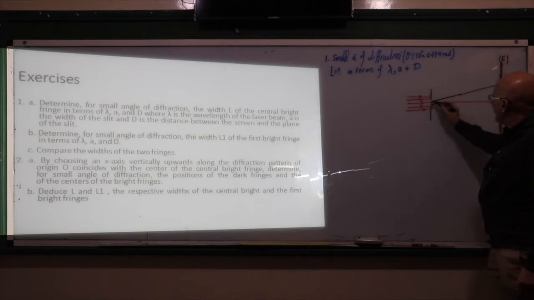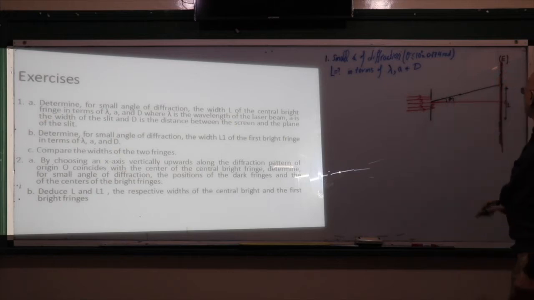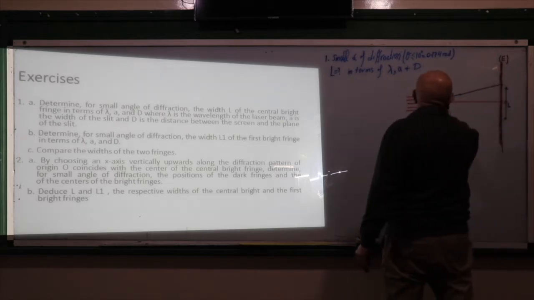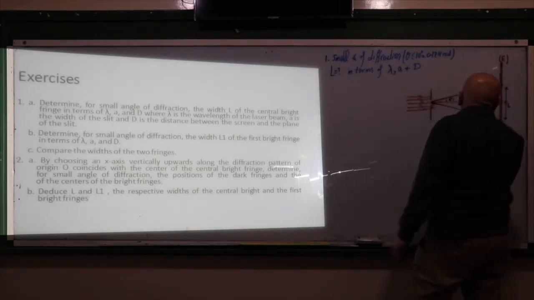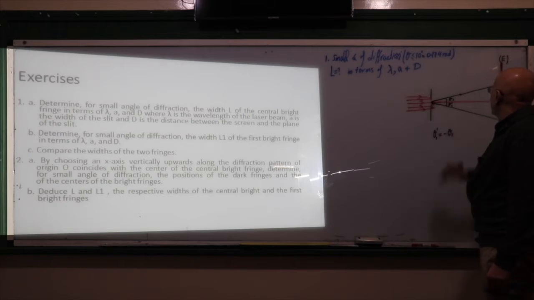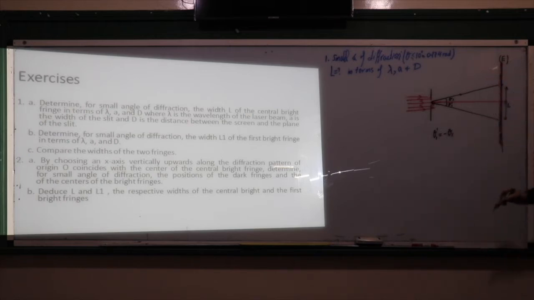This is the diffracted ray, and this is angle theta 1. And similarly, you have here theta 1 prime. Don't forget, theta 1 prime is negative, equal to minus theta 1. Okay?